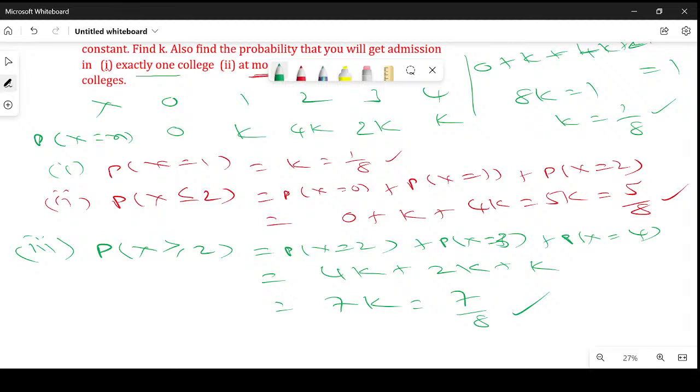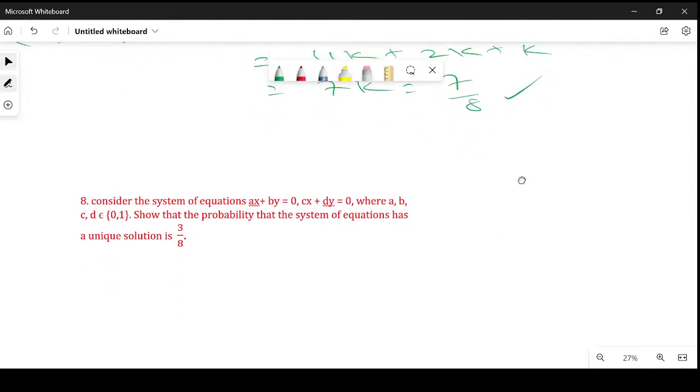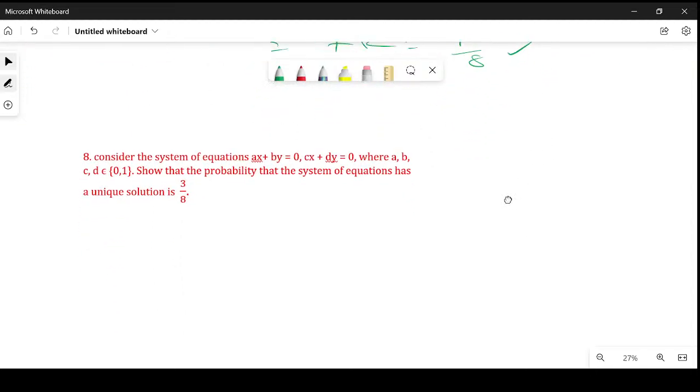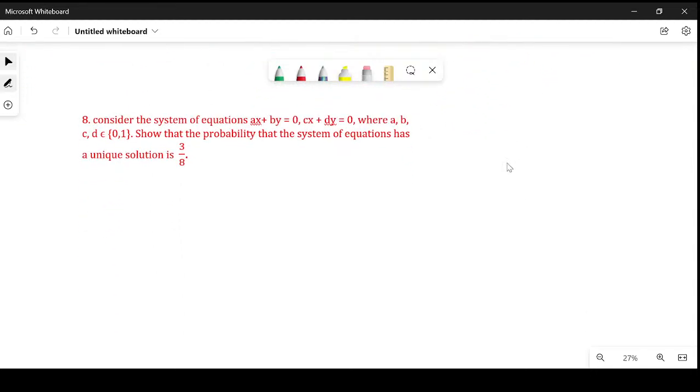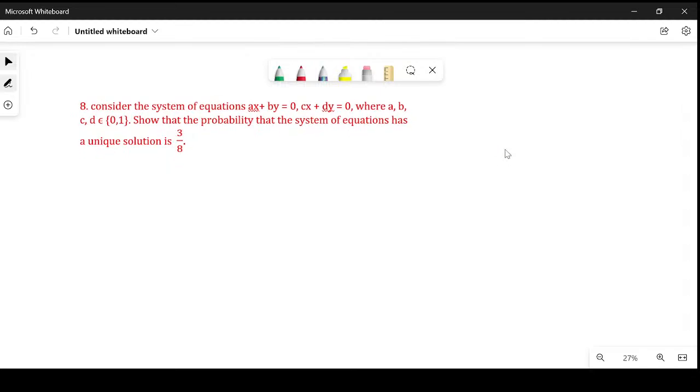Question number 8 is a model question and it is important. Just go through this question. Consider the system of equations ax plus by equal to 0, cx plus dy equal to 0, where a, b, c, d belong to the set {0, 1}.